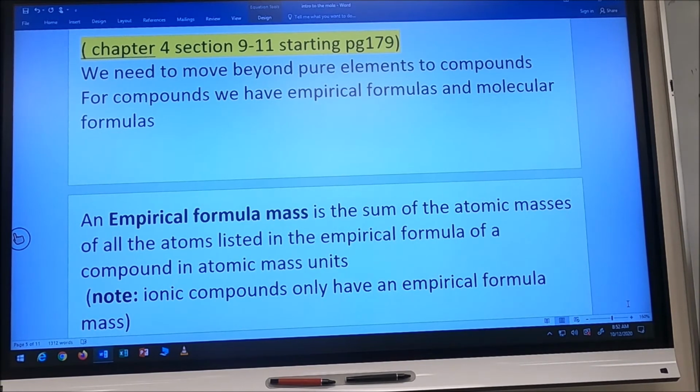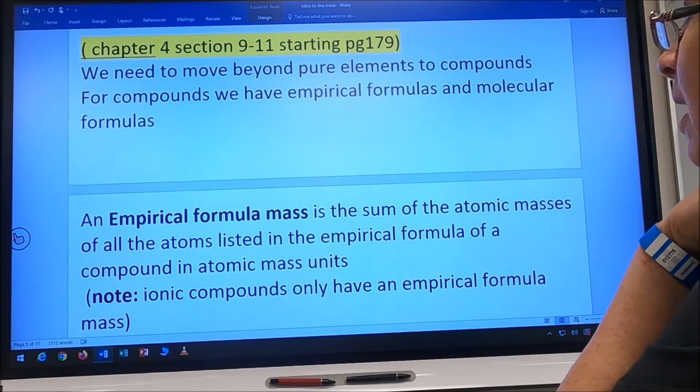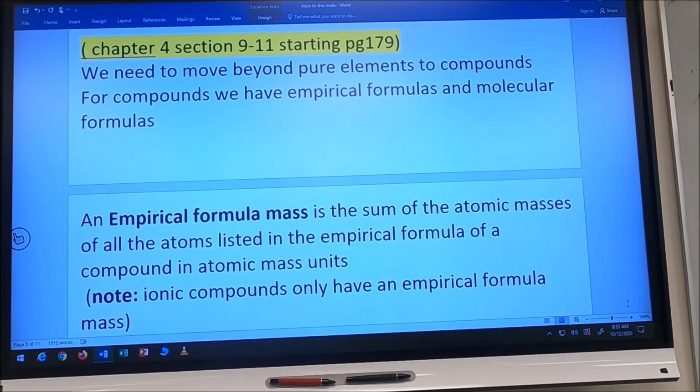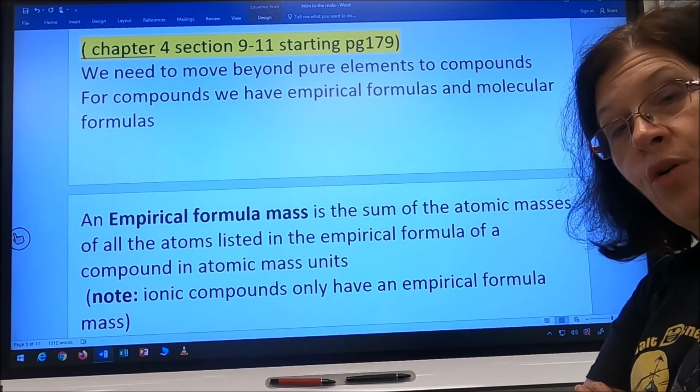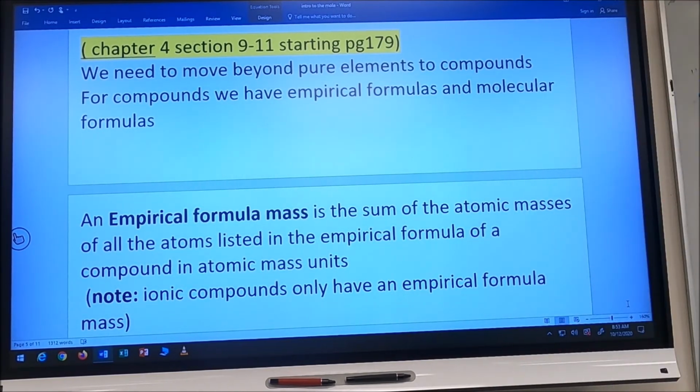Now let me remind you, an empirical formula is the smallest whole number ratio of atoms in a compound. So, ionic compounds and covalent compounds both have empirical formulas. A molecular formula is the actual number of each type of atom you would find in a molecule of a covalent compound.